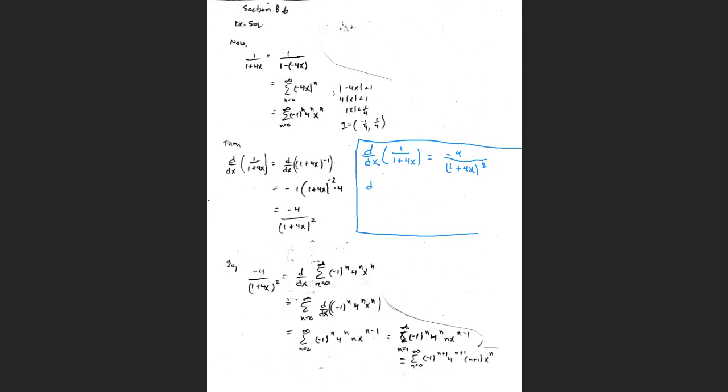But that's the same then as saying that the derivative of the power series for the function 1 divided by 1 plus 4x equals negative 4 over 1 plus 4x squared.